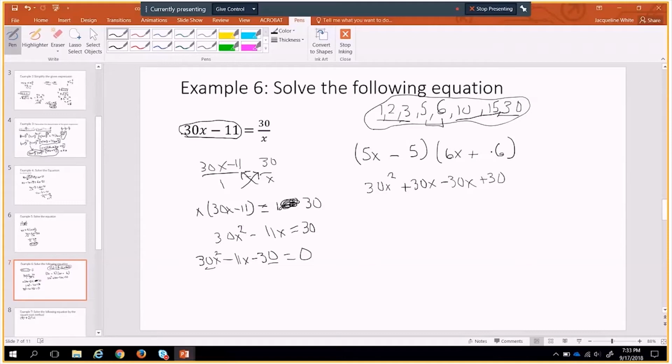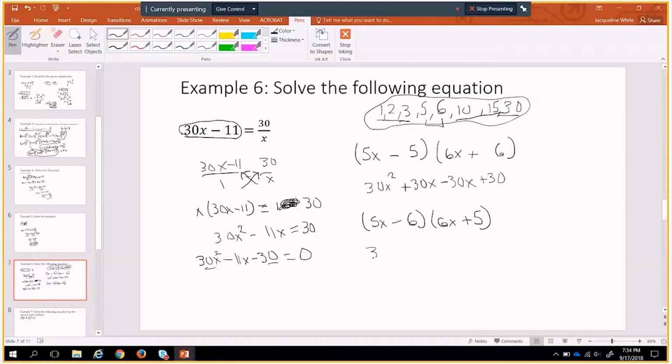It might have been the placement of 5 and 6. So let's change it up. Let's make it 5x minus 6 times 6x plus 5. All right, and then we'll try it out again.